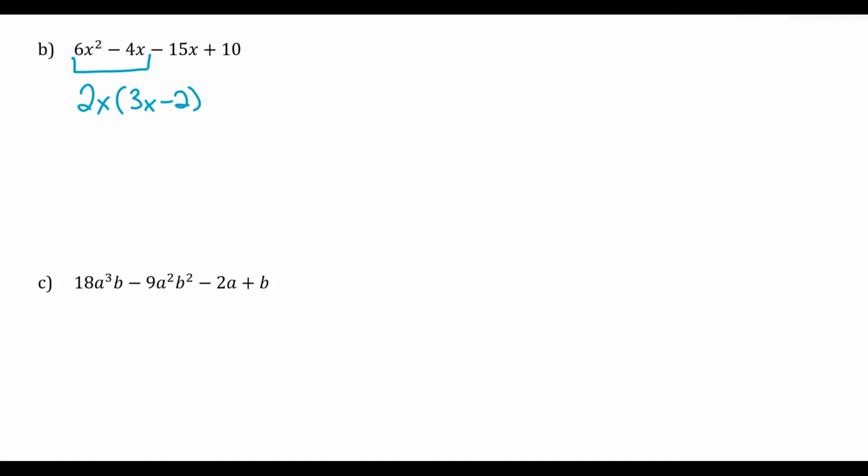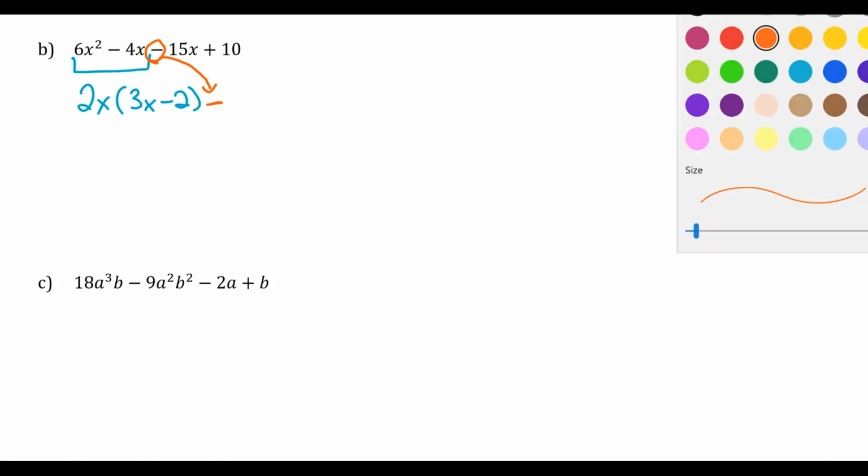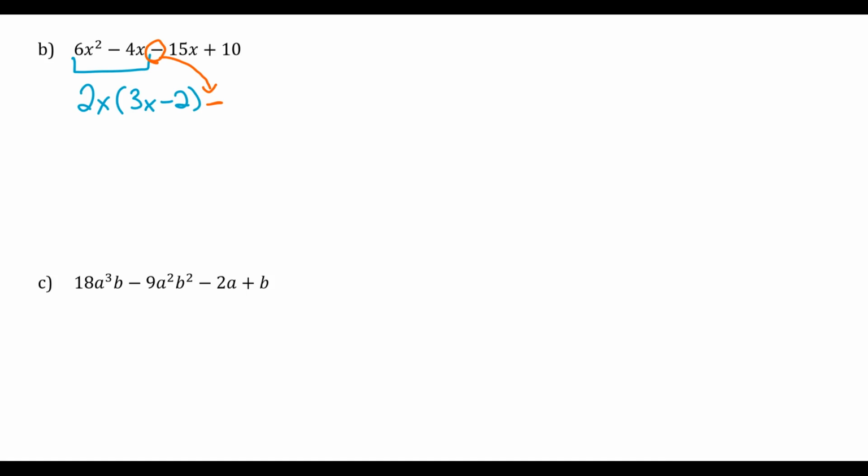Now here's where we have a little bit of trouble. Remember I told you I have to take this sign right here. And then looking between these two terms, I can factor out a 5. But notice, it's actually a negative 5. So what happens is it changes this sign right here.